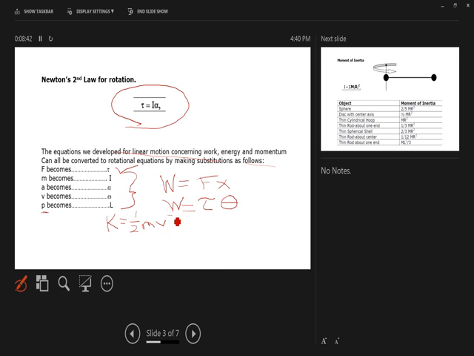We want to keep the same form, so for rotational motion, we have m, we replace that with I, and we replace v with omega. So 1/2 I omega squared is rotational kinetic energy. Okay, well, you can find these formulas in Chapter 8.